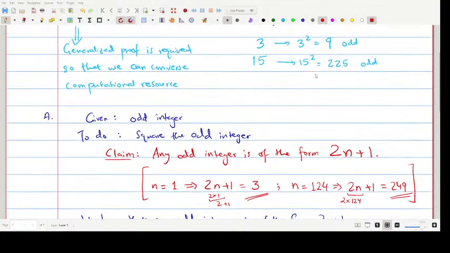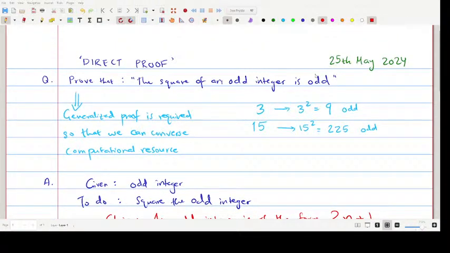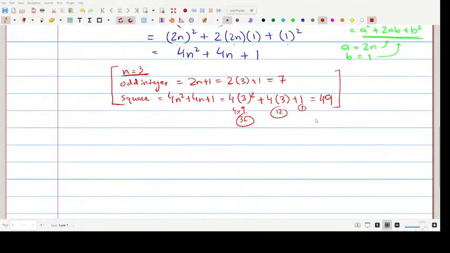Remember, the statement that we need to prove using the direct proof method is the square of an odd integer is odd. So we have to prove somehow that this 4n squared plus 4n plus 1 is an odd number, right?